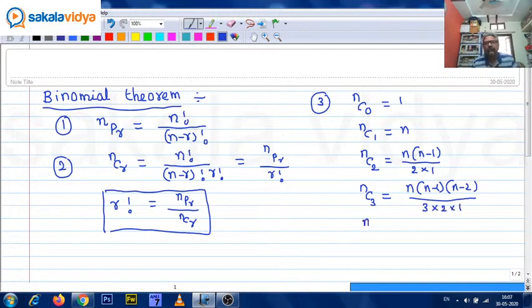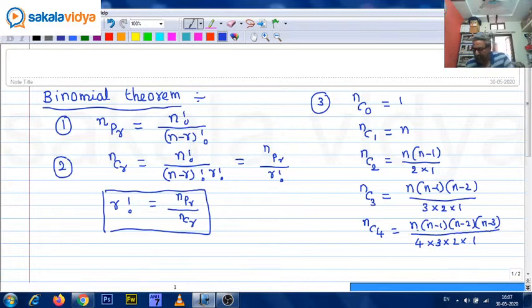Similarly, nC4 is n times (n minus 1), (n minus 2) and (n minus 3). We have 4 factors in the numerator. In the denominator we need to write 4 into 3 into 2 into 1. This will be useful in the binomial theorem also.